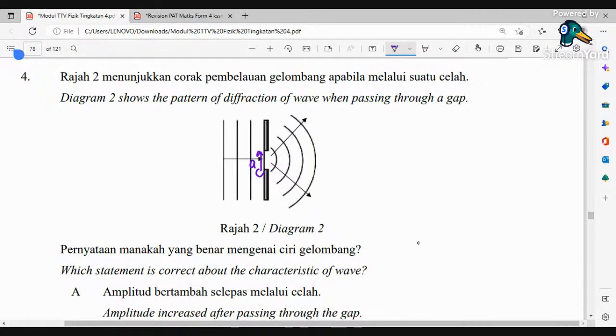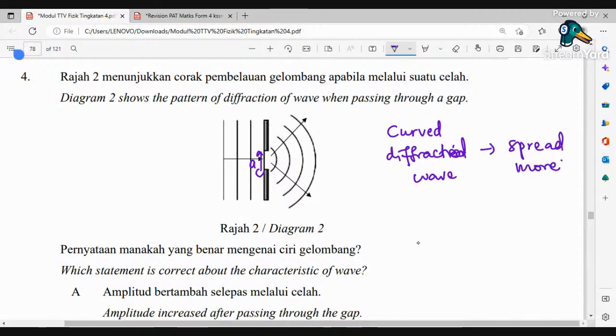The wave that is diffracted here curves, the diffracted wave spreads more, meaning the effect of diffraction is more obvious.